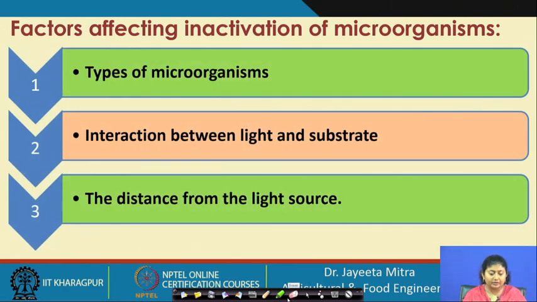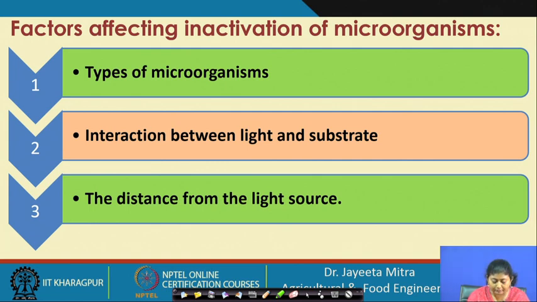Then there are factors affecting the inactivation of microorganisms. This depends on three things: first is the type of microorganism, then the interaction between light and substrate, and the distance from the light source. The type of microorganism matters because every microorganism has different characteristics.